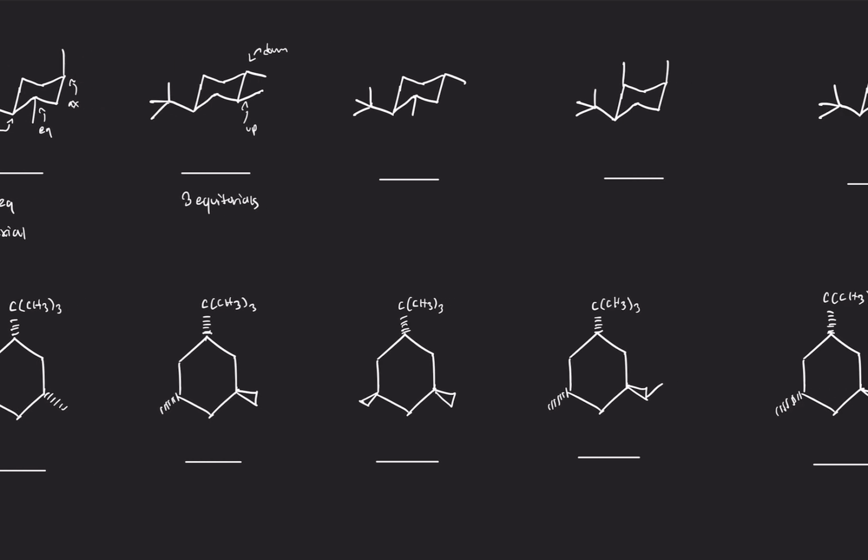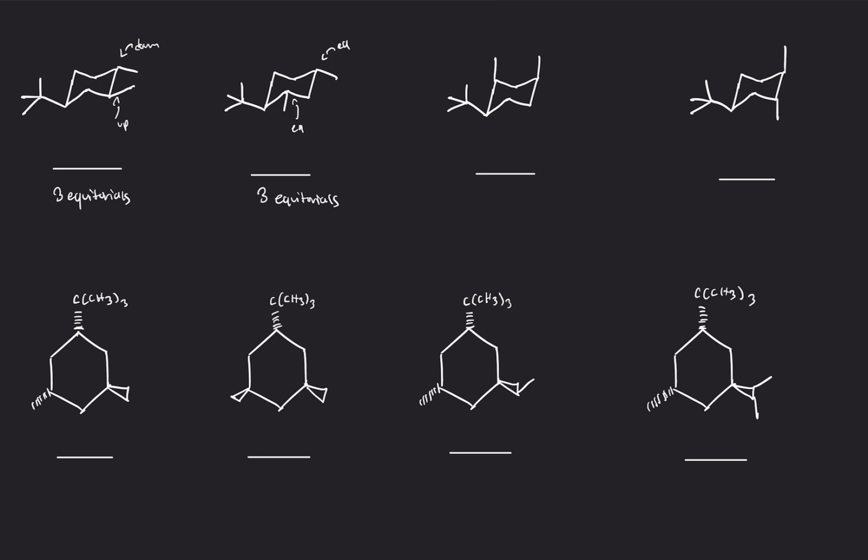Next molecule, I actually have the same thing. This methyl group right here is opposite to its vertex, so it's equatorial. And this methyl here is also opposite to its vertex, so it's equatorial. So three equatorials.